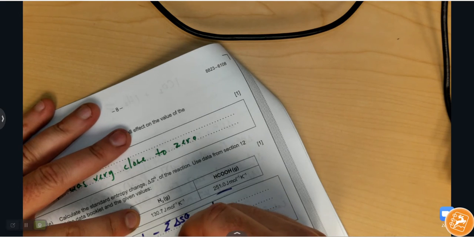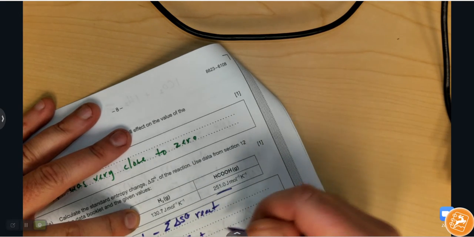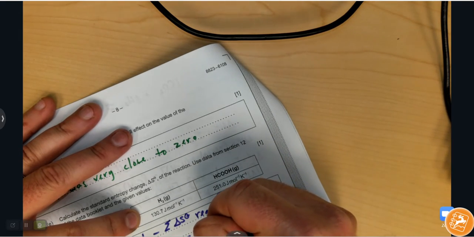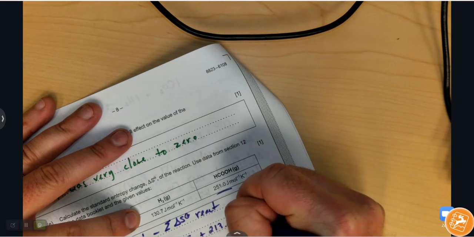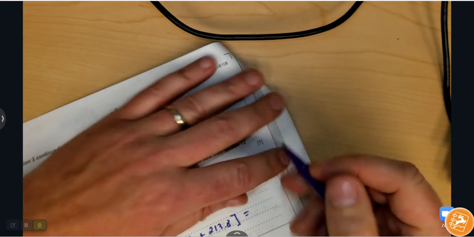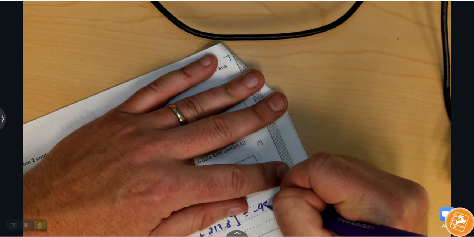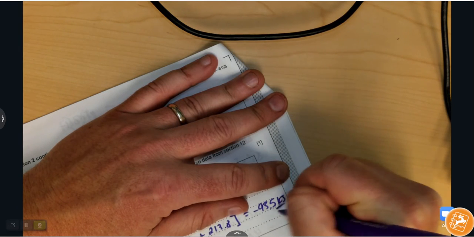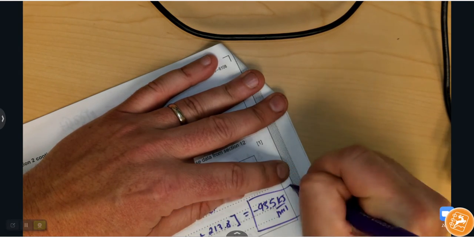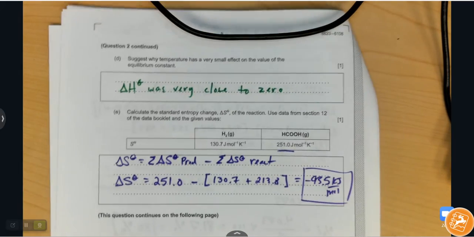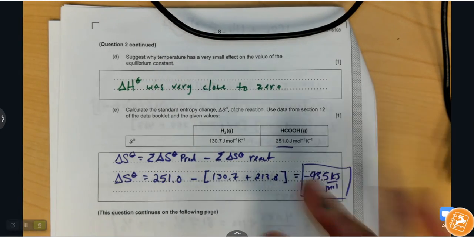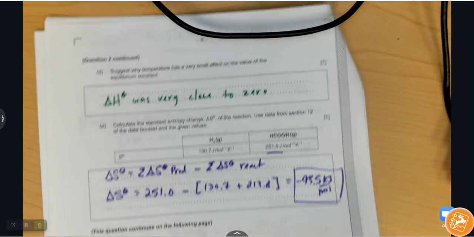Well, hydrogen is 130.7 plus CO2, which the data booklet tells us is 213.8. When you do the math, you get negative 93.5 kilojoules per mole. Know how to do those because the math is not really difficult, so know how to do them for sure.